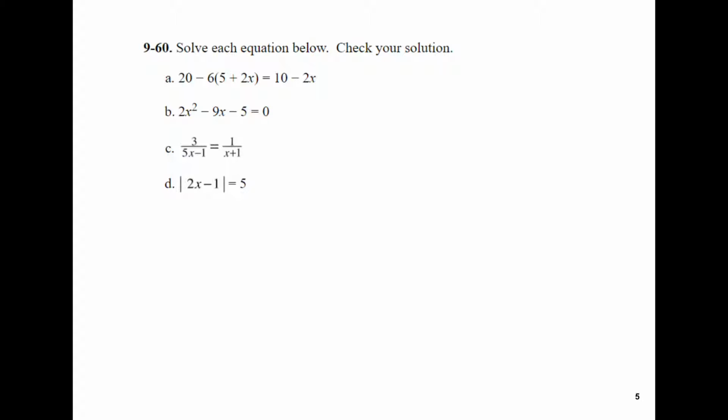Solve each equation and check your solution. So let's take a look at A first. 20 minus 6 times 5 plus 2x equals 10 minus 2x. First distribute. Negative 6 times 5 is negative 30.